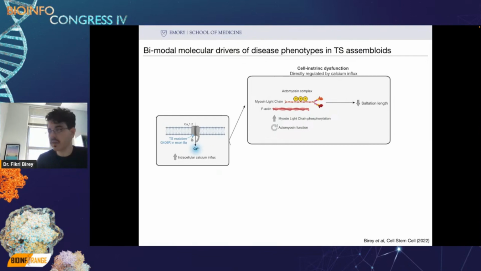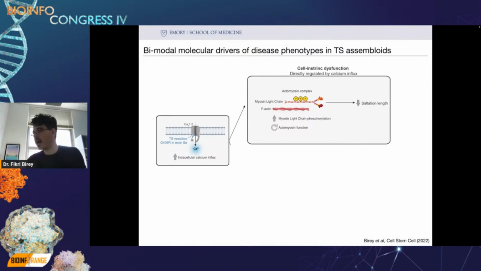So I went through these detailed molecular mechanisms related to this interneuron migration phenotype, and I'll just summarize what we found here. In interneurons that are migrating, there are two independent pathways that are dysregulated that we think really drive different aspects of this migration phenotype.